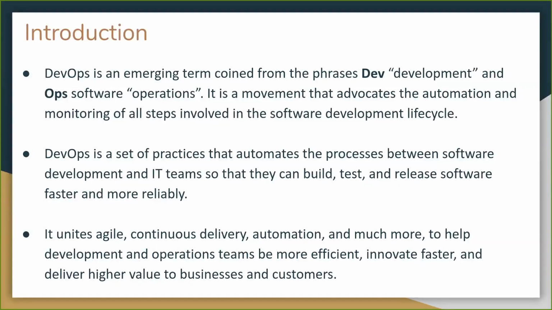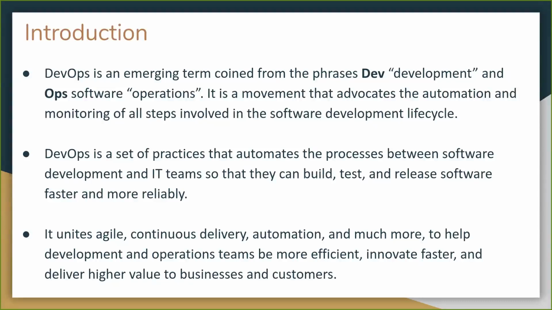So DevOps is a set of practices that automates the process between software development and IT teams, so they can build and release software faster and more quickly. It unites agile, continuous delivery, automation, and much more to help development and operational teams to be more efficient, innovate faster, and deliver high business value to customers.